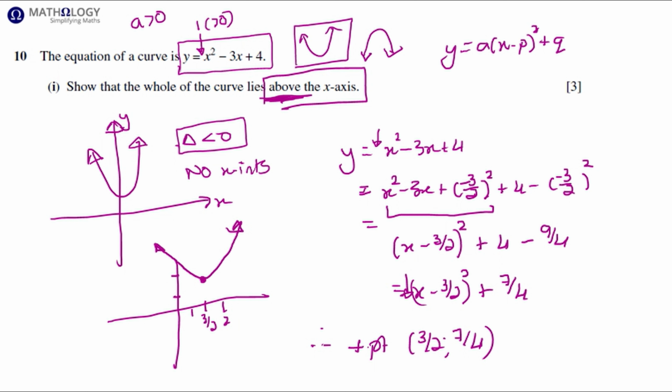So by completing the square and writing it in turning point form, we can show that the function looks something like that, which we also knew from the actual information given in the question, right? So that was another way of showing that the curve lies above the x-axis, because we've shown that the turning point lies in the first quadrant and the function shapes up because the value of a is positive.